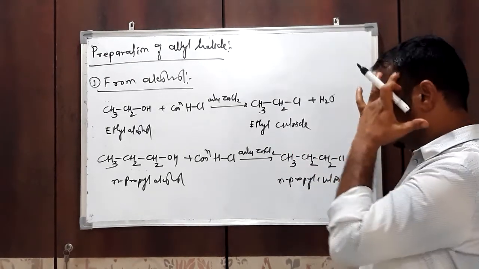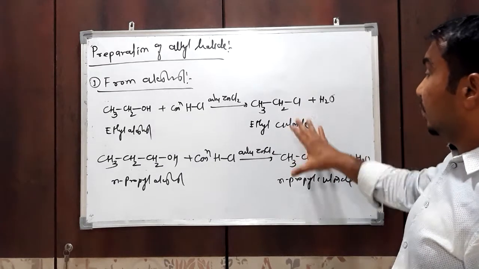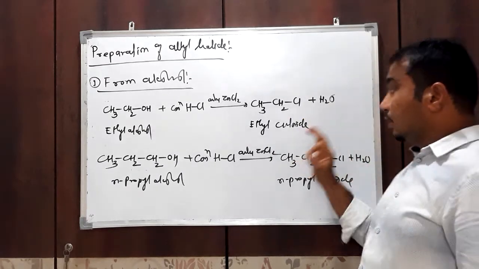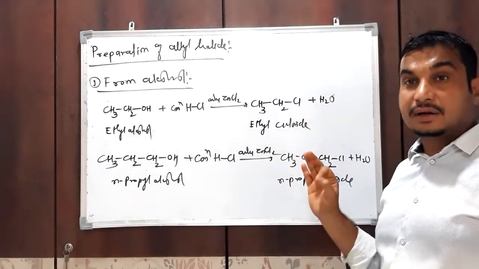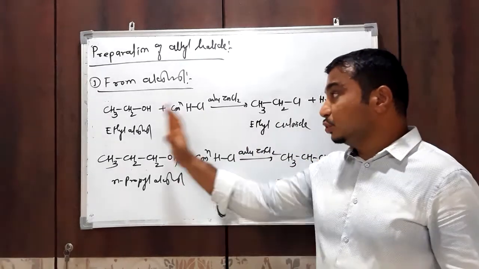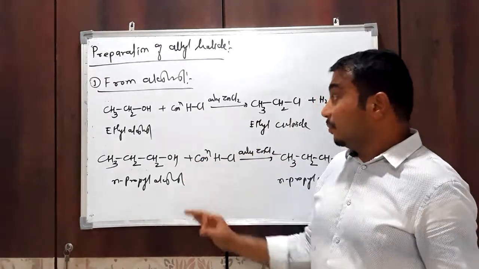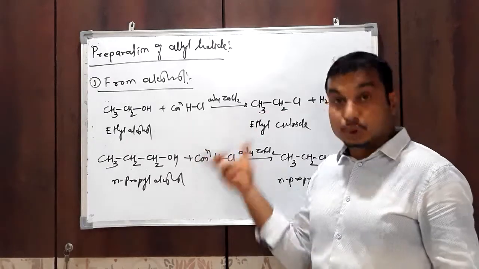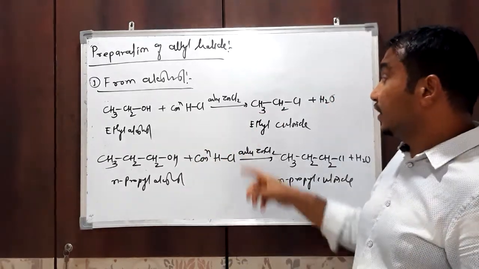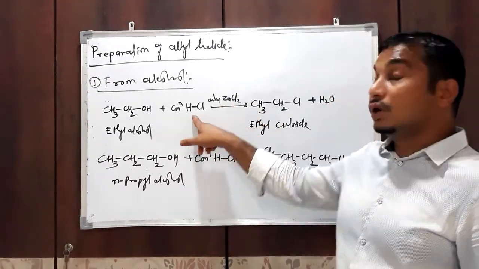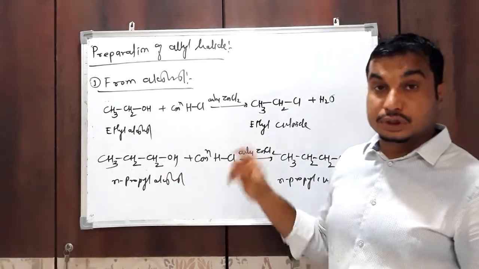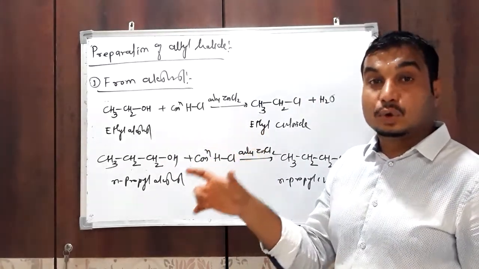IUPAC name is 1-chloropropane. In this method, alkyl chloride is prepared by using alcohol. Remember, the reagent used is a solution containing anhydrous zinc chloride in concentrated hydrochloric acid, which is known as Lucas reagent.